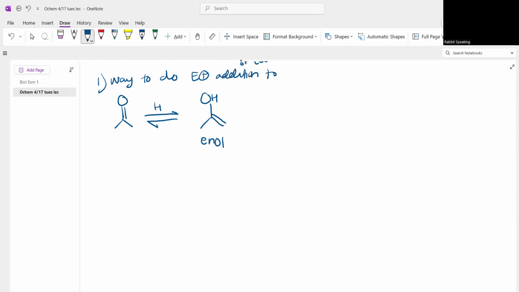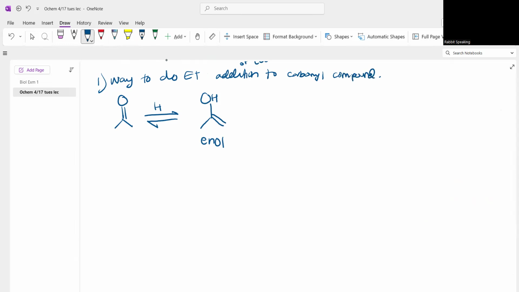Addition, or is it? I think it was nucleophilic because we already covered electrophilic. No, I think I'm tripping here. It's one way to do electrophilic addition. We did electrophilic aromatic substitution reaction. This is electrophilic addition to a carbonyl compound.